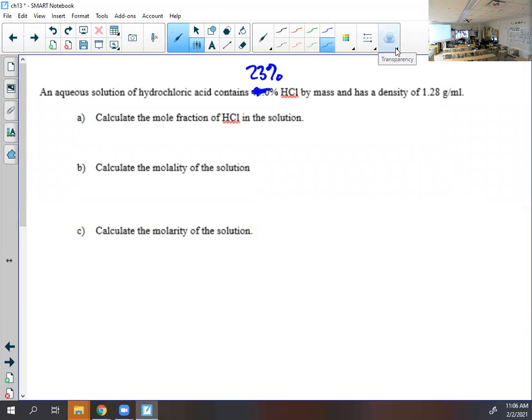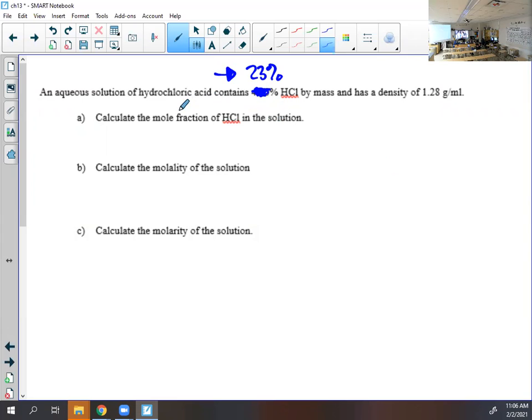All right, so another way that we use molality or molarity is in typical problems where they give you the percent and we calculate it based on the percent concentration. So make sure you pay attention to this problem.